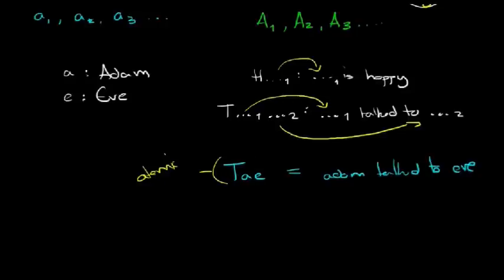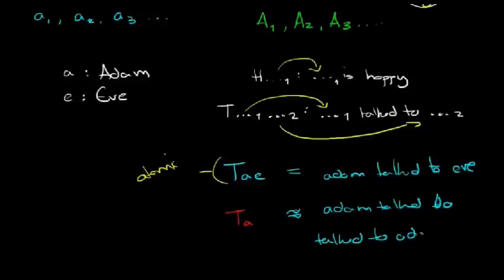If we'd had something like TA, and this is our translation, this just doesn't make sense. For a start, we're not sure where the A is going to go. So is this Adam talked to, or is it talked to Adam?